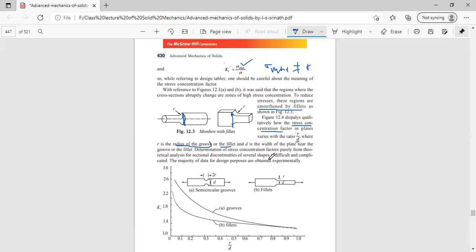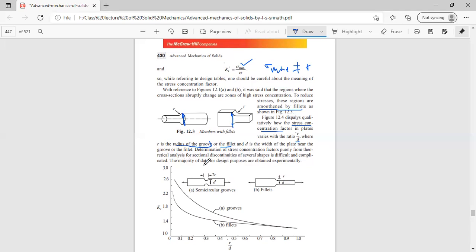Now, the determination of the stress concentration factor depends on theoretical analysis for sectional discontinuity of several shapes, and it is difficult and complicated. The majority of data for design purposes are obtained experimentally. So by means of theoretical analysis it is difficult to get exactly the stress concentration factor.